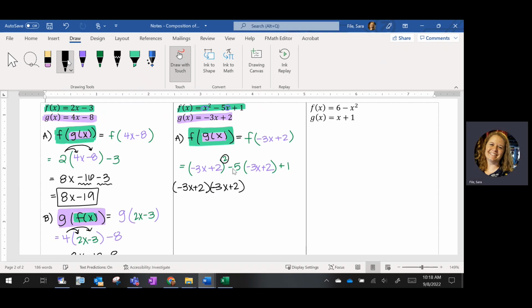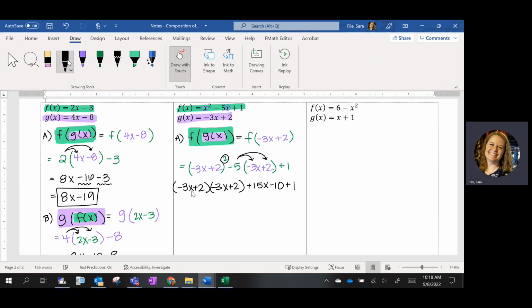And here, I'm going to have to distribute this minus 5, aren't I? This minus 5 is being multiplied by the negative 3x plus 2. So that's going to become plus 15x minus 10. And then you still have the plus 1.